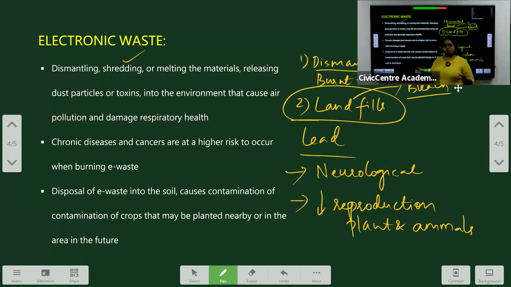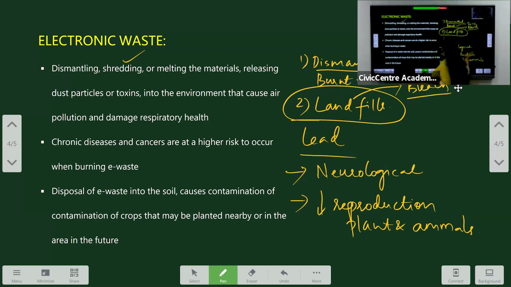Also, when plants grow in the same soil, they tend to assimilate the toxins inside their tissues, and hence it leads to bioaccumulation and then further biomagnification, which when consumed by humans will lead to various kinds of ailments.